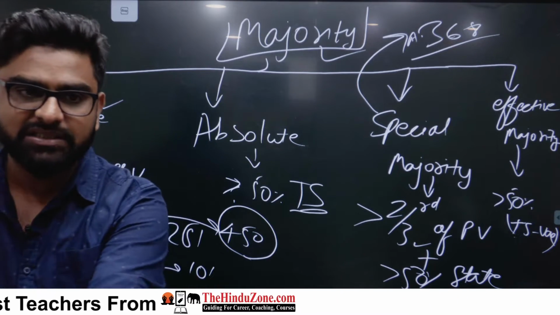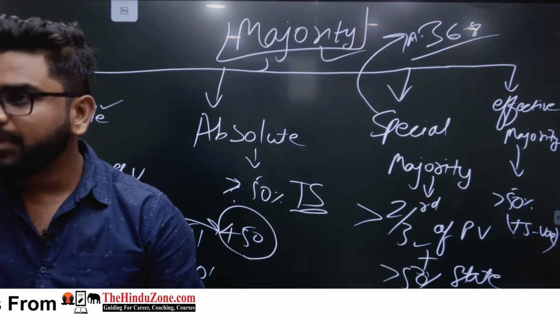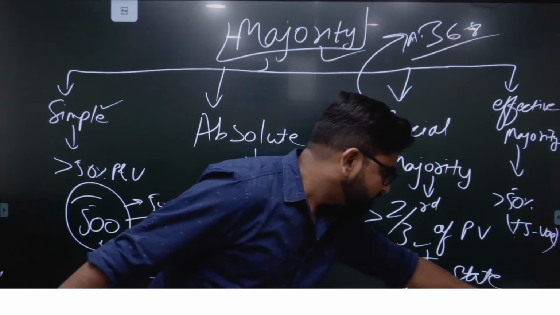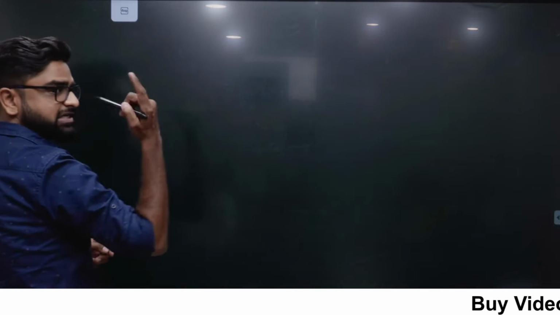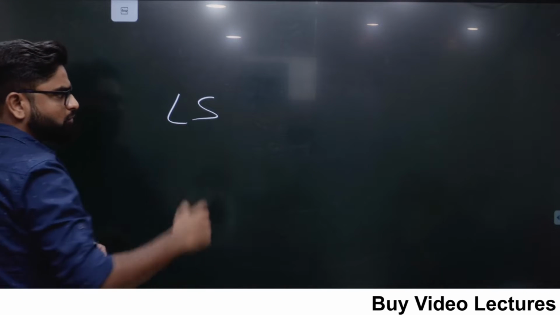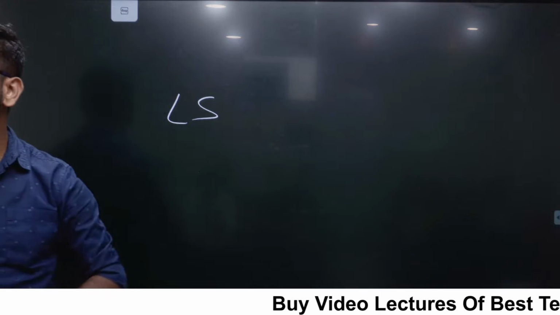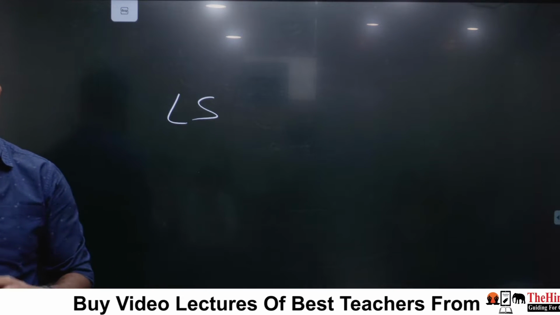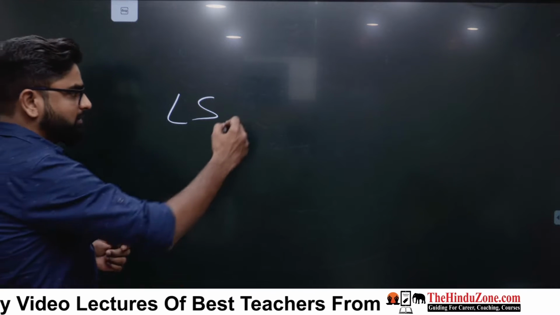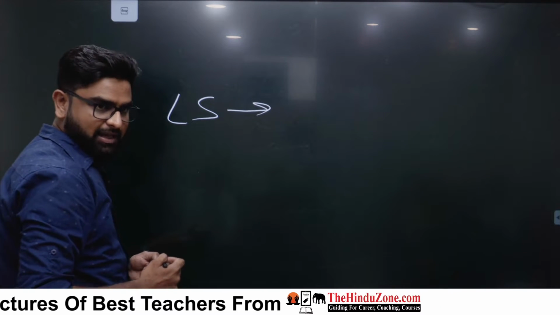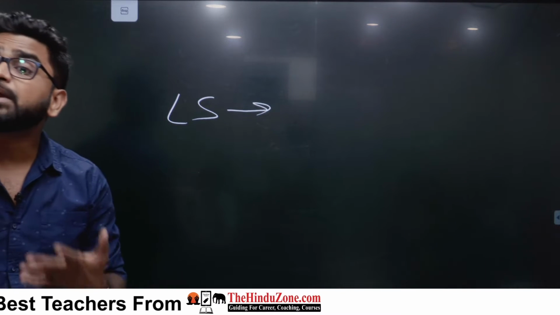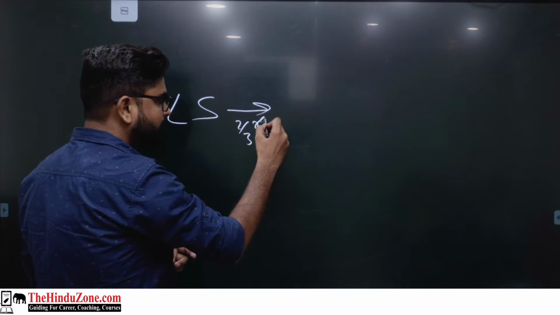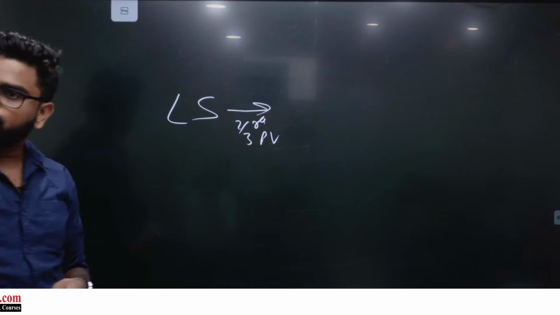Example, GST. When the GST bill was brought, it was passed by the houses. It will go to Lok Sabha, the lower house of the parliament, known as the House of People. They will pass the bill by special majority, that is 2/3 of present and voting.